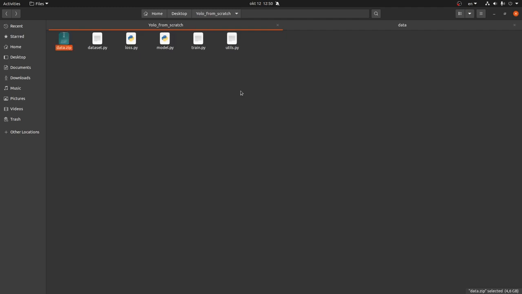This is 4 gigabytes, but I'm going to upload a smaller version if you don't want to download that entire thing, maybe a few hundred megabytes or 100 megabytes or so, with just a couple examples so you can play around with the code. But if you want the entire data set, that's here, and then all you have to do is extract here, and then we should get a folder right here containing the data, and that's everything we're going to need.